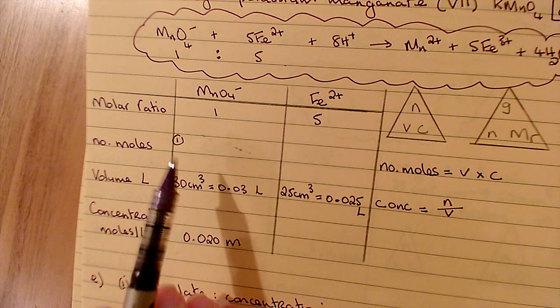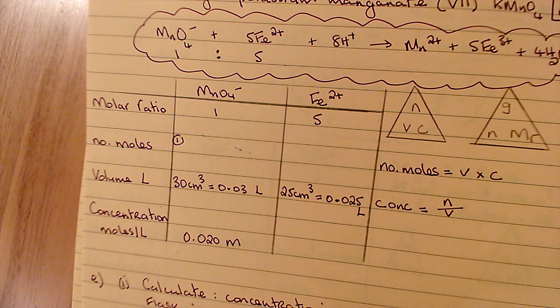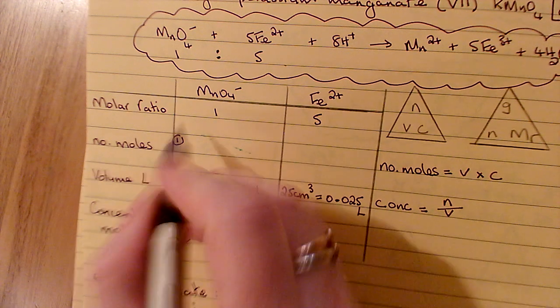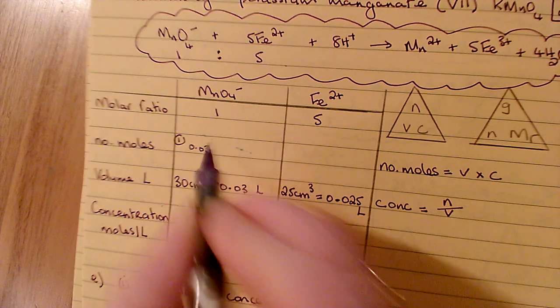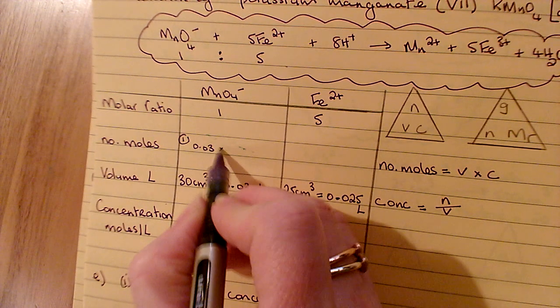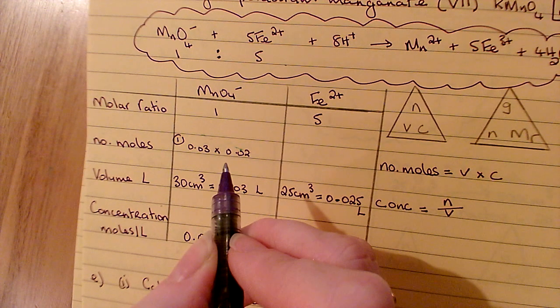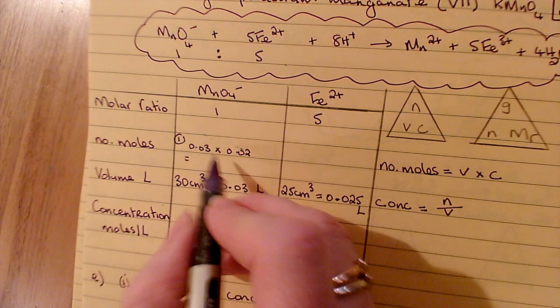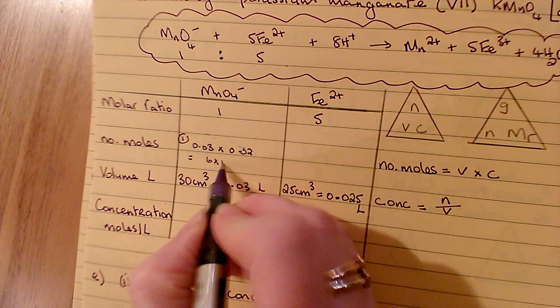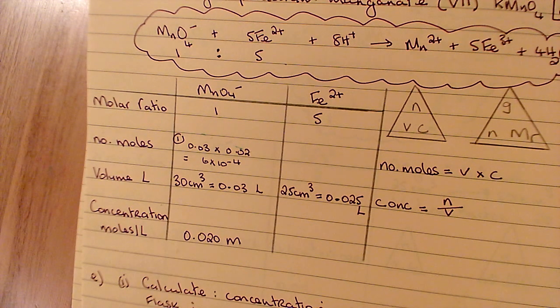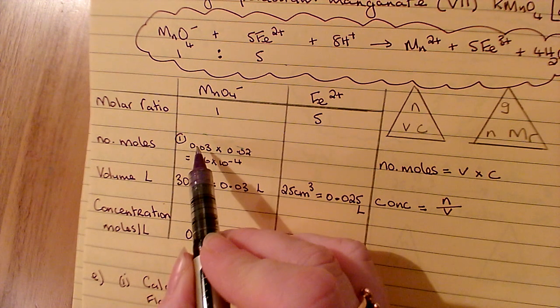For the permanganate anion, the number of moles is the volume times concentration, so that's 0.03 litres times 0.02. When we work that out, that gives us 6 by 10 to the power of -4, or 0.0006 moles. That's our first thing we're going to work out.